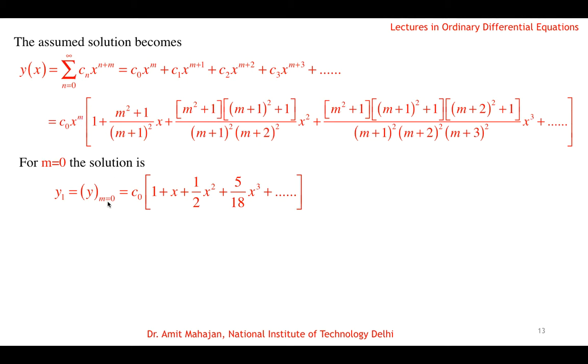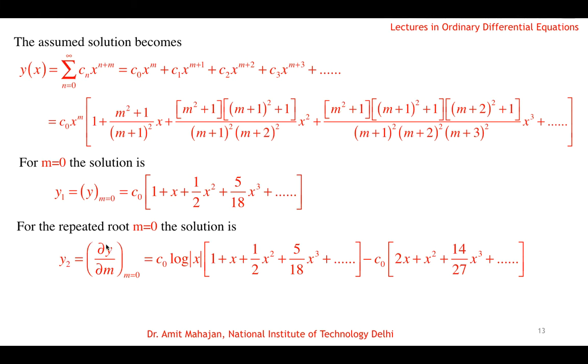That calculation I am leaving to you: you need to calculate the derivative of y with respect to m and then plug in m equal to 0, and that will give you this result. Here it's the product rule. Outside the bracket there is a function of m, and inside the bracket there is a function of m. So the whole series is multiplied with the derivative of x power m, and the derivative of x power m with respect to m is x power m into log x.